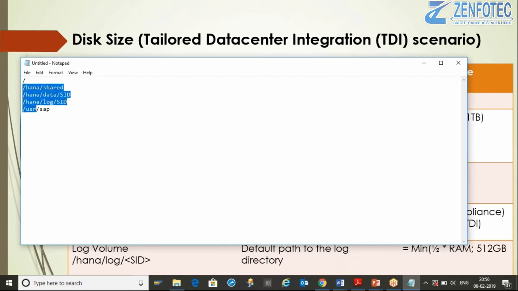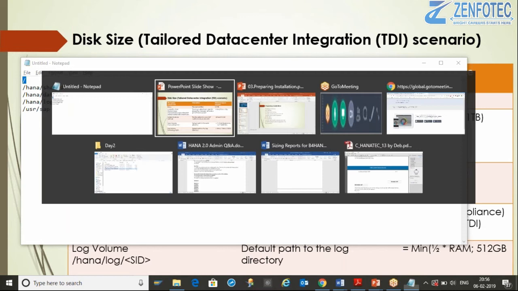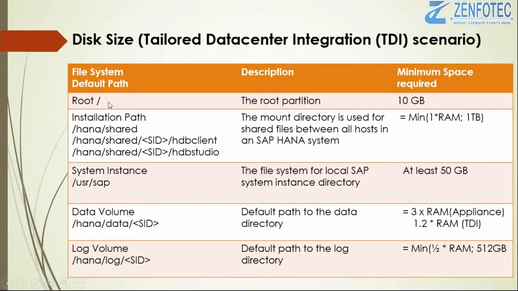These four file systems we require on the HANA database. This is the root one, which will be available by default. The minimum free space should be 10 GB as recommended by SAP, so it should have a minimum of 10 GB free space on the root partition.